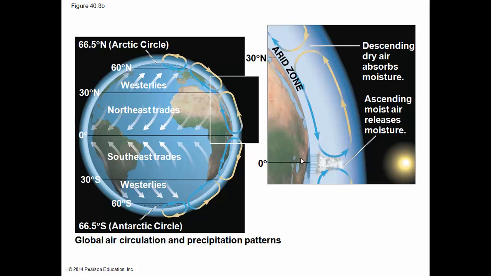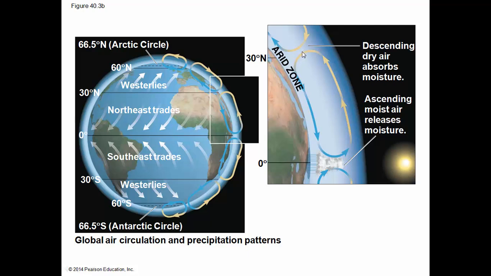So that's why generally at the equator there are rainforests, because of the rising of the warm air here, and the ascending moist air releases its moisture, and then it gets dried out, and it goes up towards 30 degrees north.